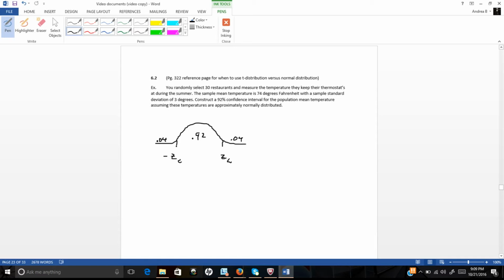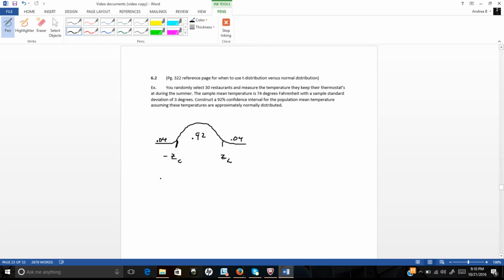So if we have an area of 0.04 down on this left end, we can find that critical value, just like we did in chapter 5, by looking in the area portion, which is the center part of your normal distribution table, and we're looking for the value closest to 0.04.